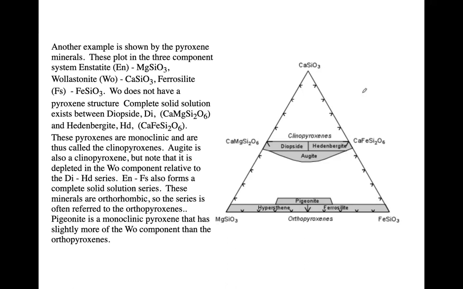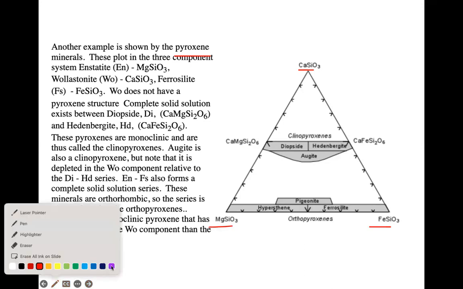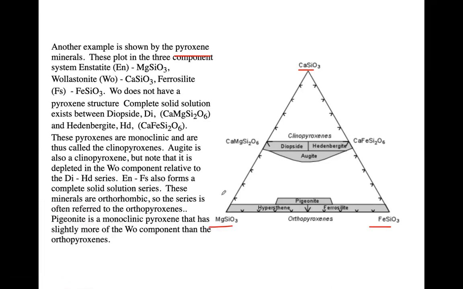So another example is pyroxene. So this is pyroxene composition. You have seen this diagram before. There you can see magnesium, iron, and calcium as end members. So orthopyroxenes are represented in this place, right?